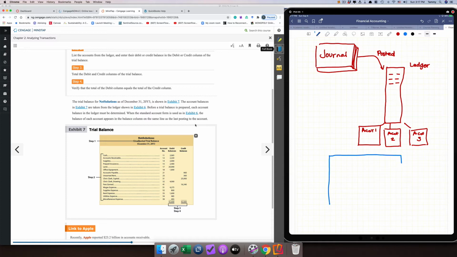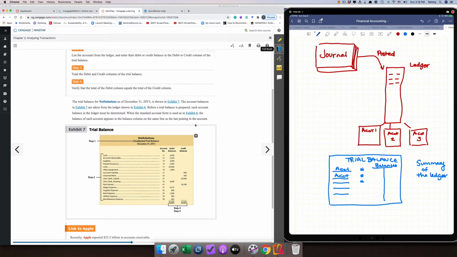So you gather up all of the accounts and you write down each account, the account number, and the debits and the credits in the balance. Okay, and you just summarize it, right? So the trial balance is really a summary of the ledger.